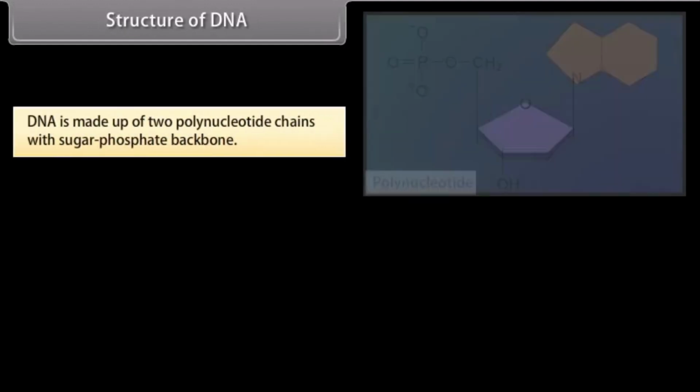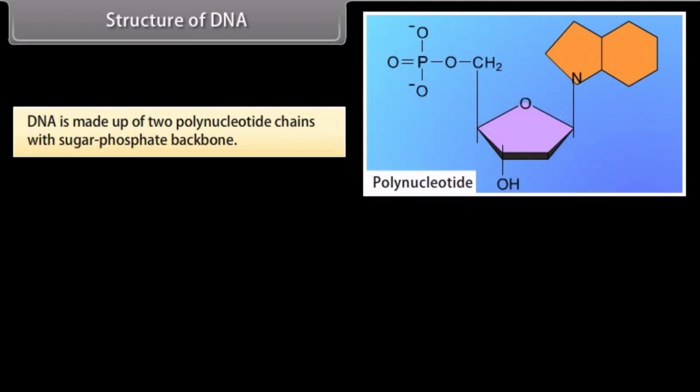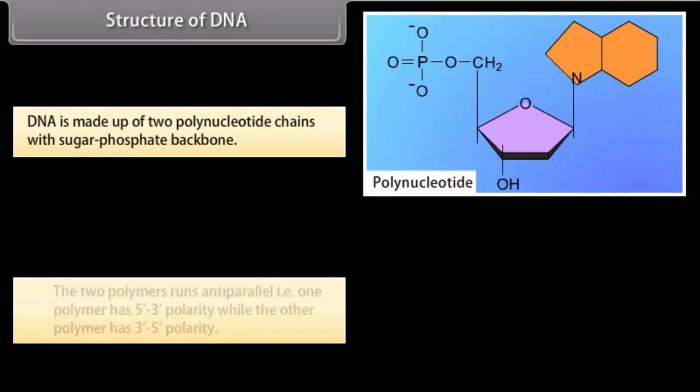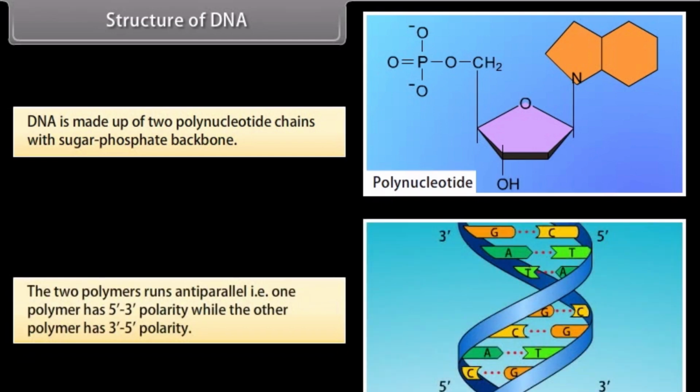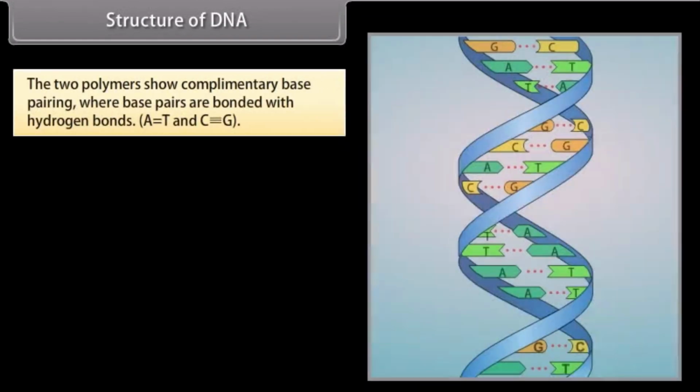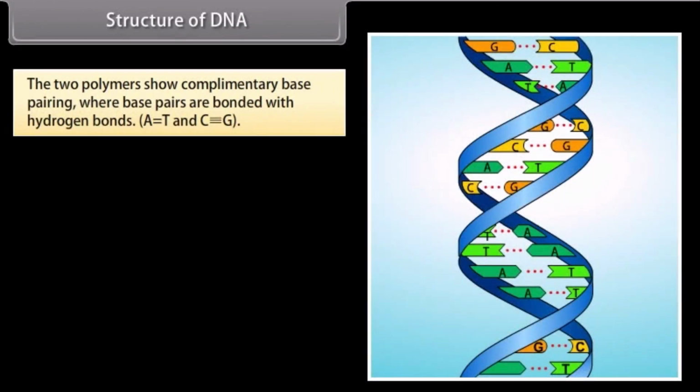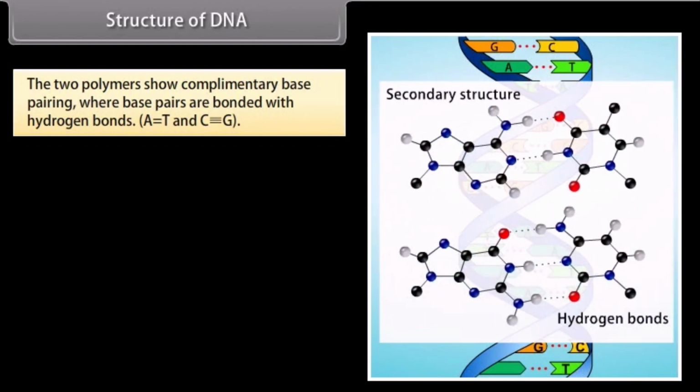Structure of DNA. DNA is made up of 2 polynucleotide chains with a sugar-phosphate backbone. The 2 polymers run anti-parallel, that is, one polymer has 5' to 3' polarity, while the other polymer has 3' to 5' polarity. The 2 polymers show complementary base pairing, where base pairs are bonded with hydrogen bonds.